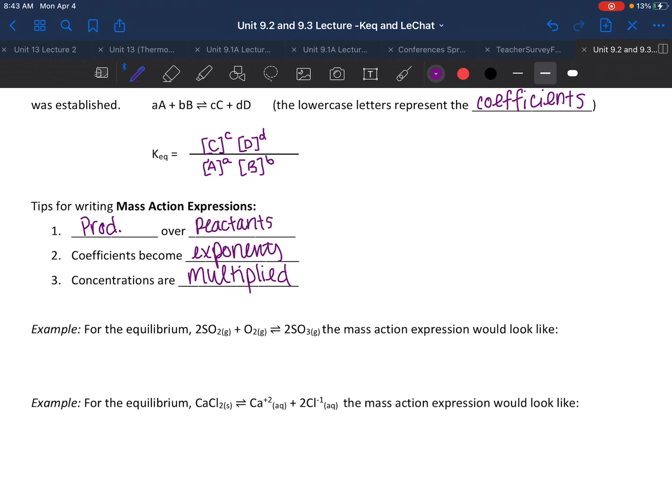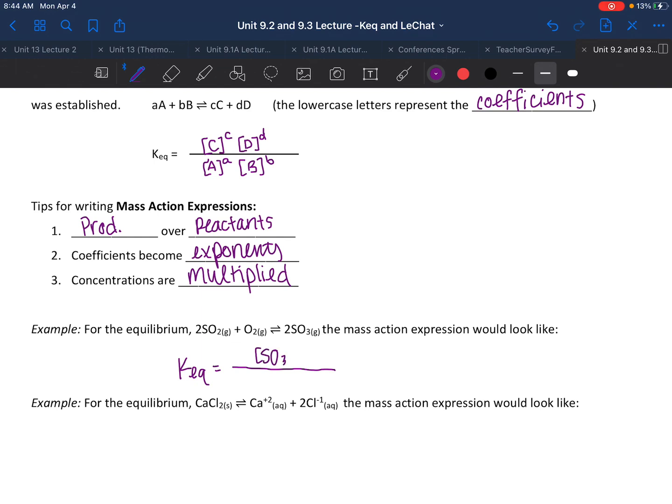So I start by writing KEQ is equal to, and then a division line, and then I'm going to write my product with its coefficient as the exponent.